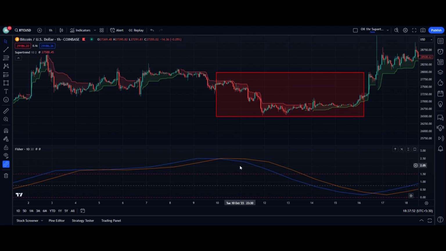We have the bearish Fisher, and we are testing the Supertrend resistance. So it's trying to go above, but failing to do so, and then breaking down. This one is a pretty big trade, I think. It's 27,700 to closing at 26,800.